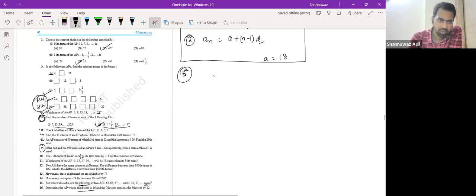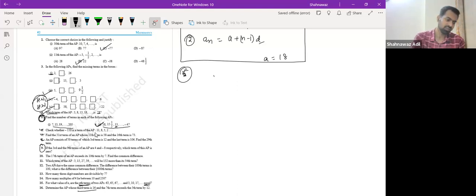Okay, so check whether minus 150 is a term of the AP, which is this. So we have to check whether this is a term. Firstly, we will assume that this is a term, right?